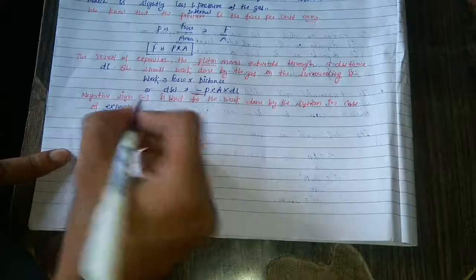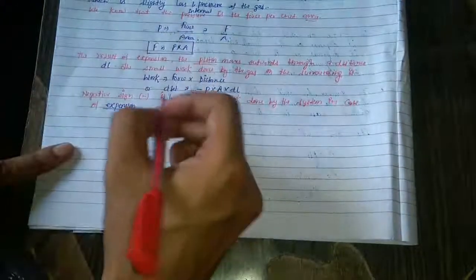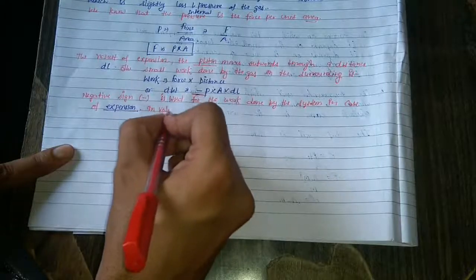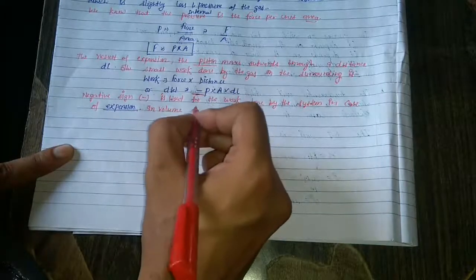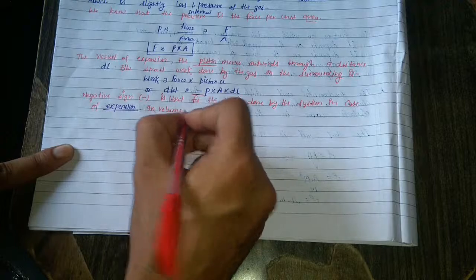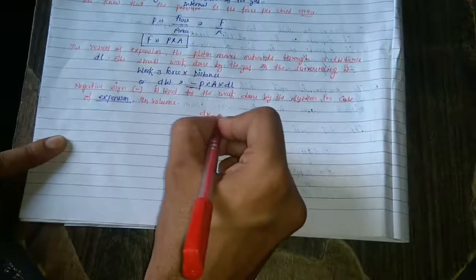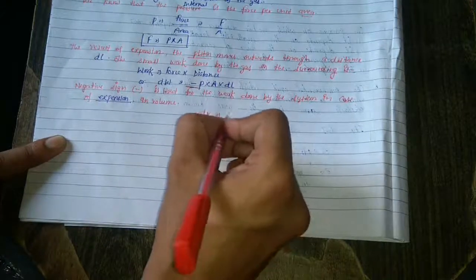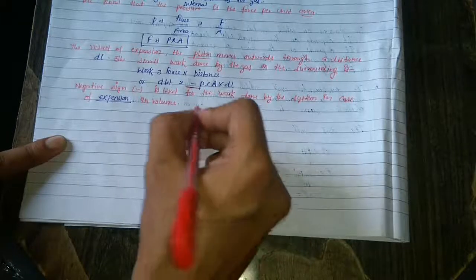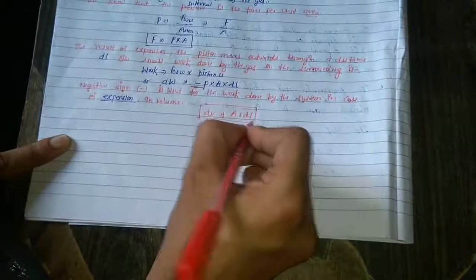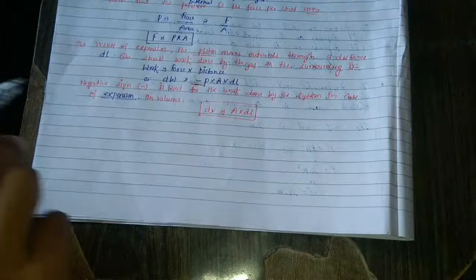So in case of expansion in volume, we know that volume will be area into distance dl.